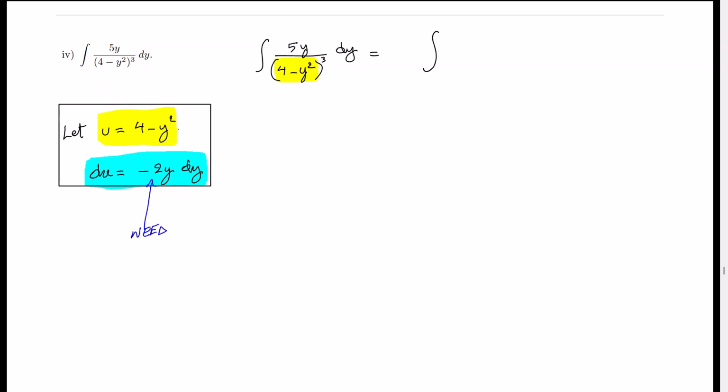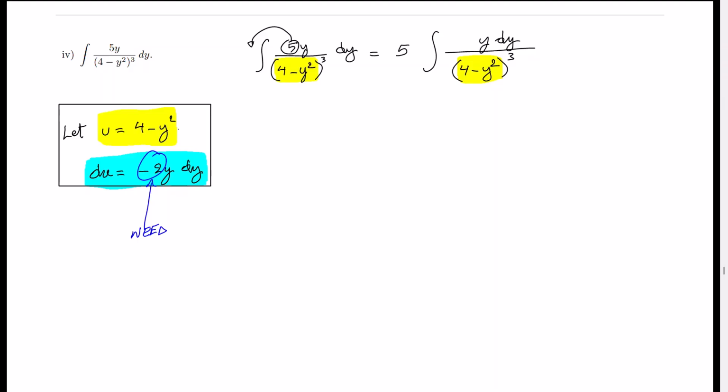So first, what I'm going to do is bring the 5 outside of the integral. We are able to do that because of the rules of integration. We were told in the very first section that we learned that the constants don't matter. We can write them on the outside. And so the y and the dy will remain on the inside. The 4 minus y squared with its power will remain on the denominator. So this represents the u, but we almost have the du. We're missing a -2.